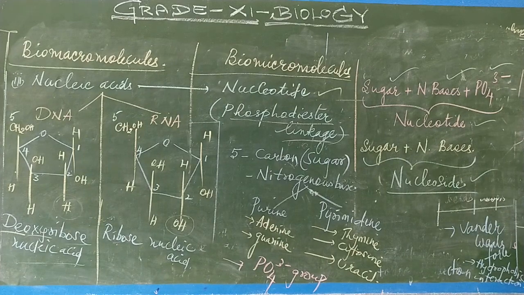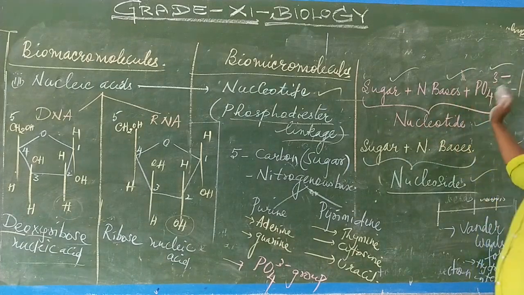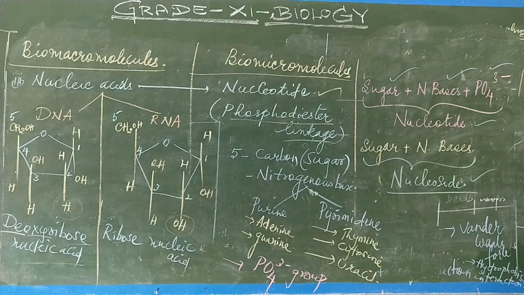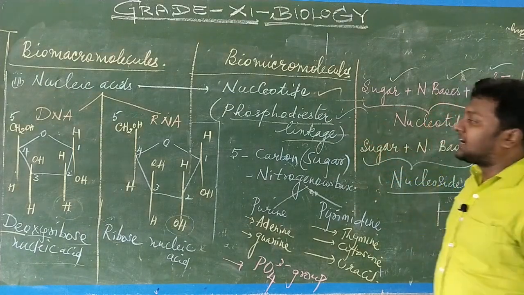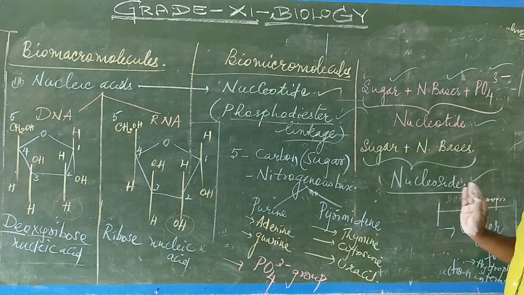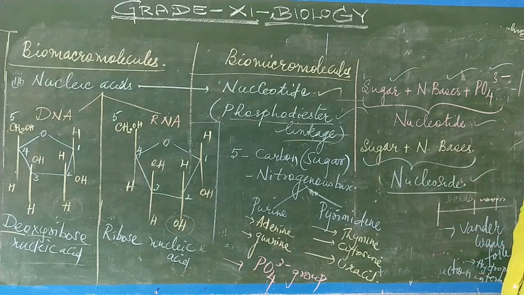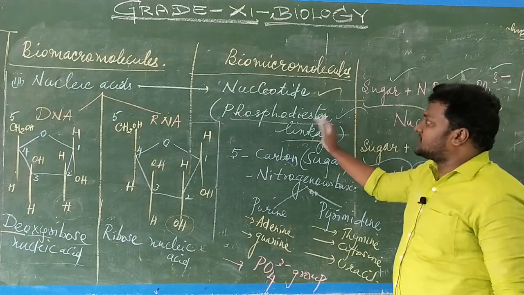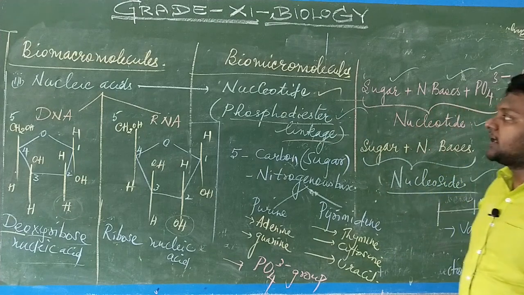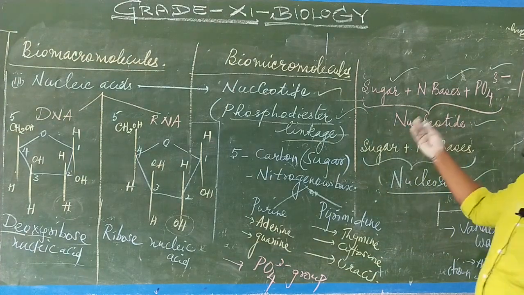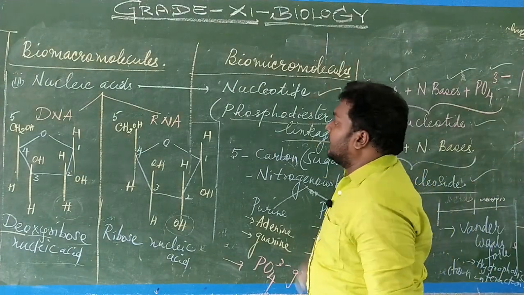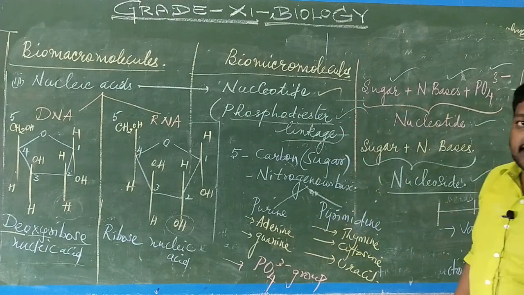The sugar, nitrogenous base and the phosphate in a nucleotide are held together by a phosphodiester linkage. How that linkage forms is lengthy, so that is not needed now. Next year in 12th standard biomolecules chemistry you will study it. For now you only have to know that the nucleotides are held together by the phosphodiester linkage, giving rise to the formation of DNA and RNA.